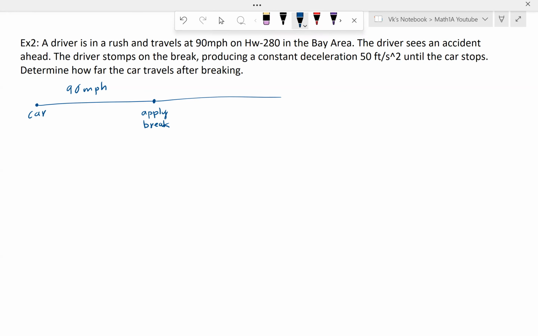We have a braking distance right here, and at the end, the car stops. The braking distance is produced by a constant deceleration. Deceleration is negative 50 feet per second squared.